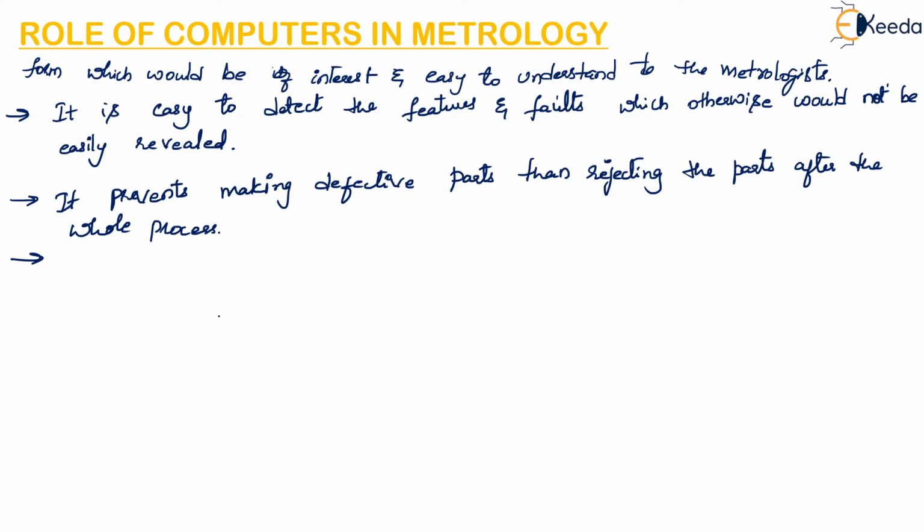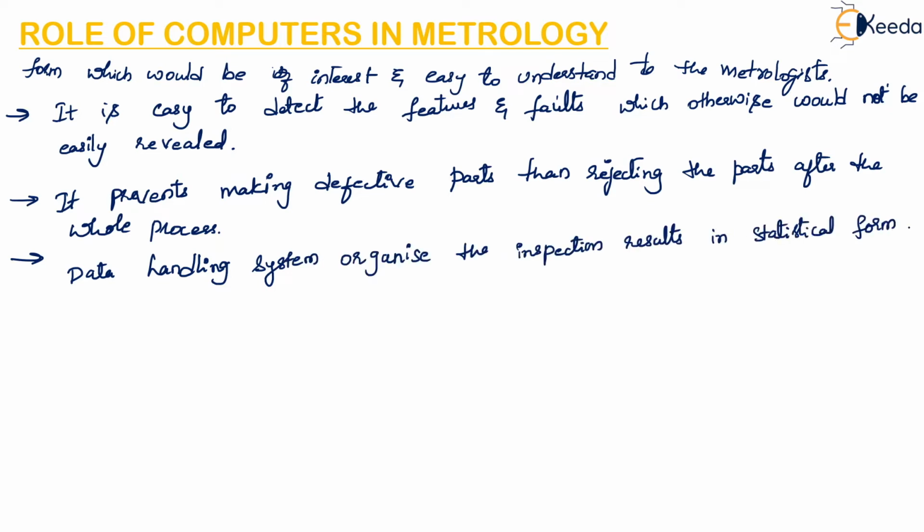Then we can analyze them in real time, and perform full monitoring of the production line with the diagnosis of the whole production process. So the computer not only helps with the measurement of an instrument but also organizes the results.